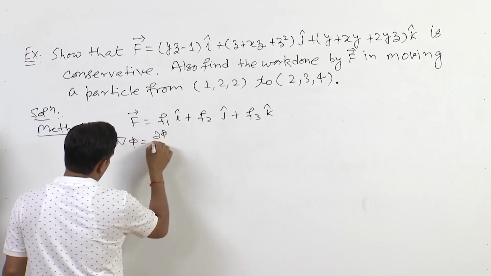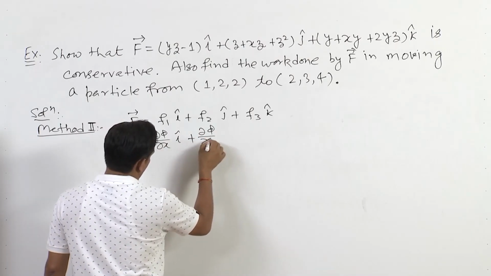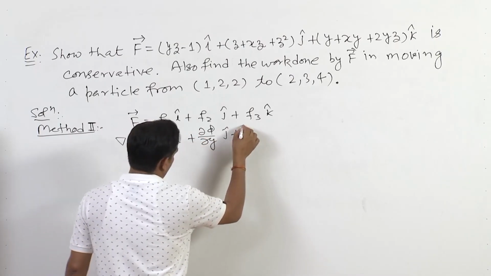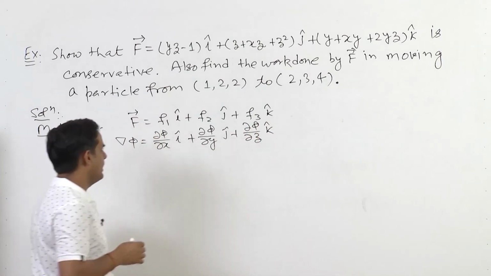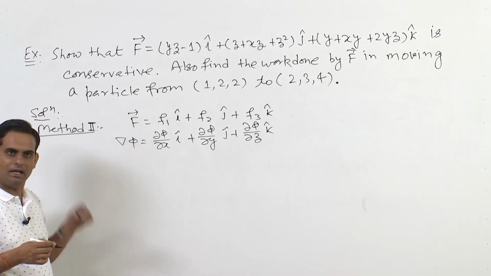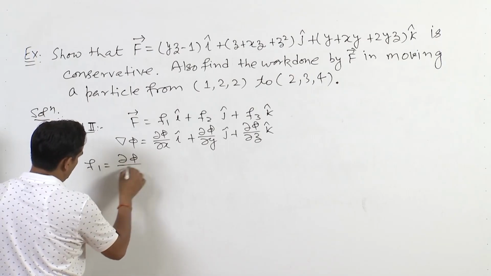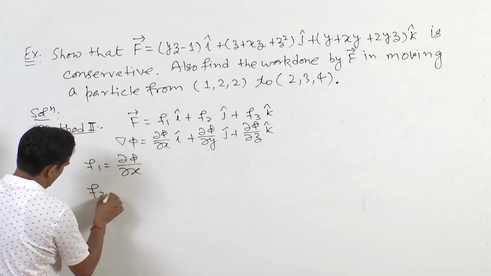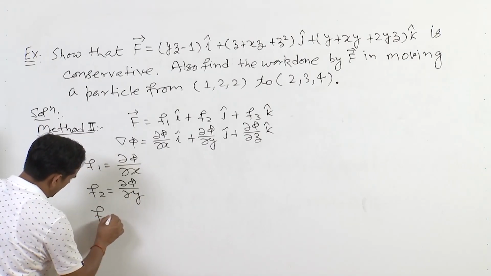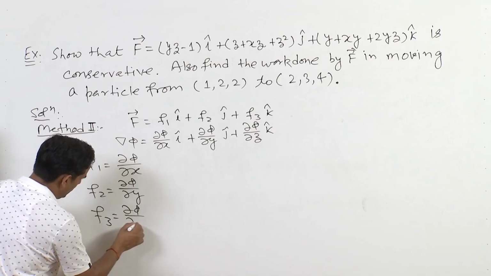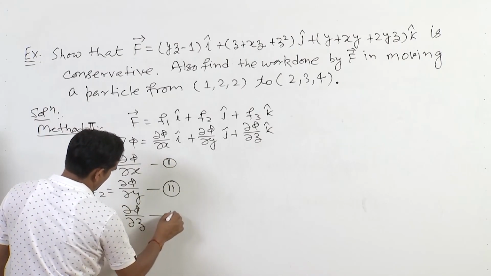So, it means del phi over del x i plus del phi over del y j plus del phi over del z k. If F is conservative, these two are equal. It means f1 equals del phi over del x and f2 equals del phi over del y and f3 equals del phi over del z. Relation 1, relation 2, relation 3.